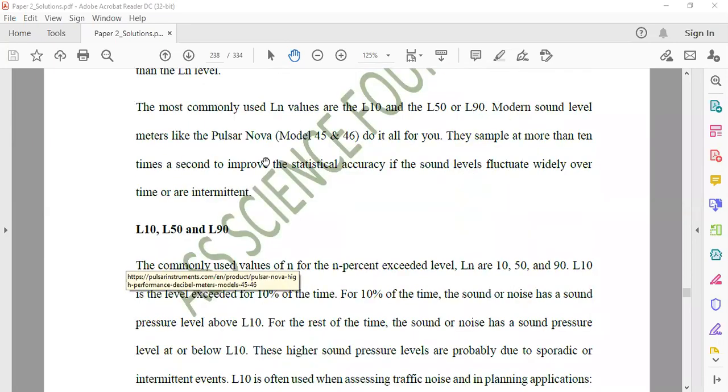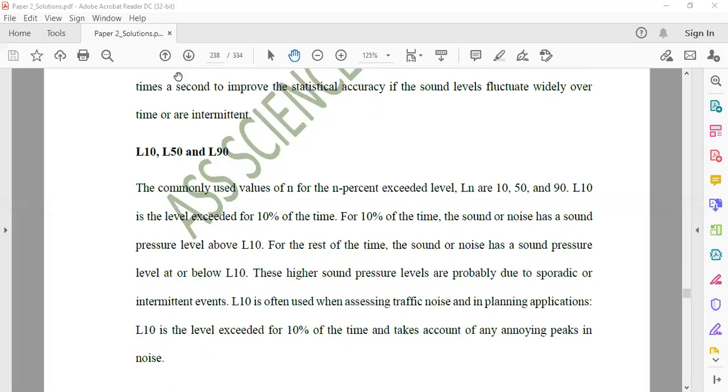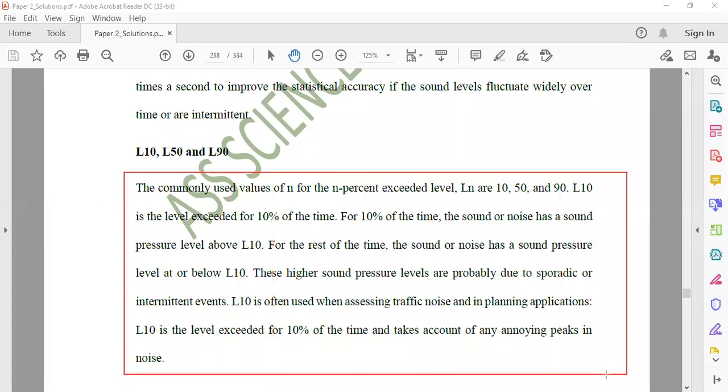So if you see here these L10, L50 and L90, the commonly used values for the n percent exceedance level, like L10, 50, 90, have been given here. L1 also.